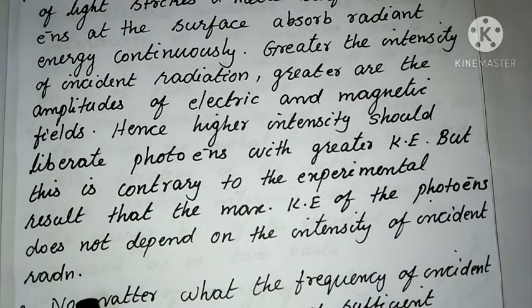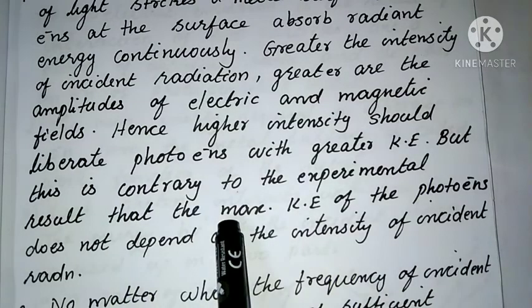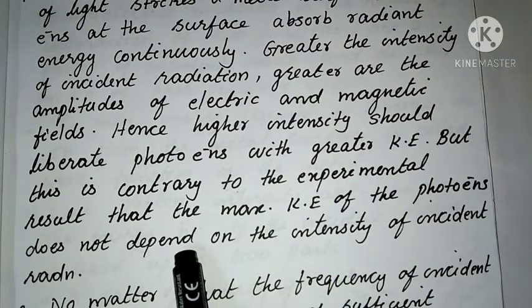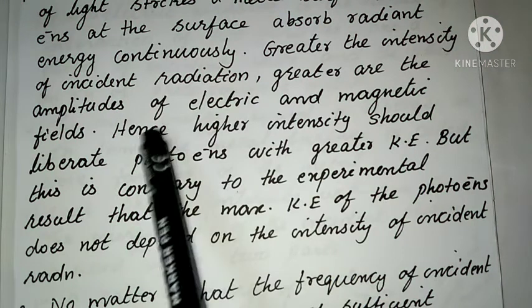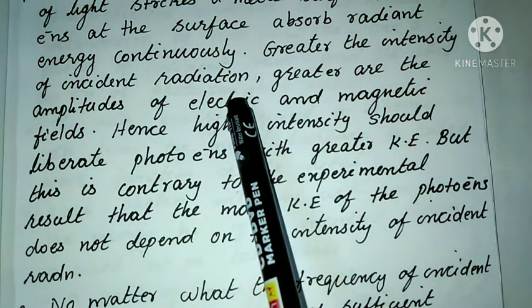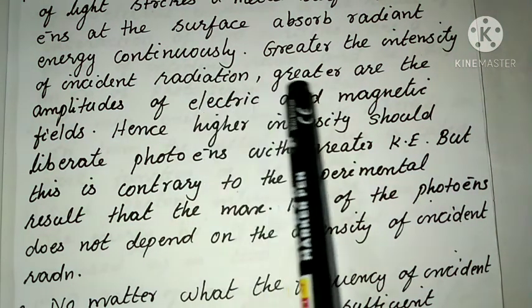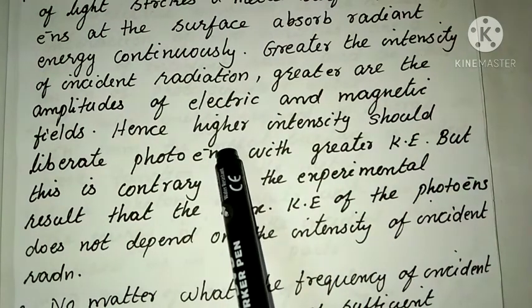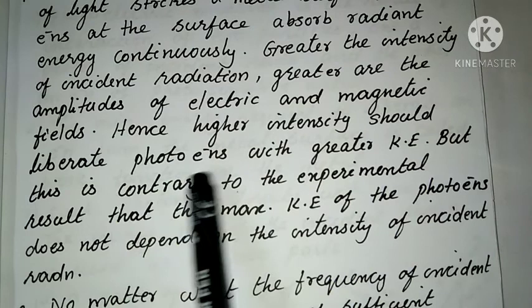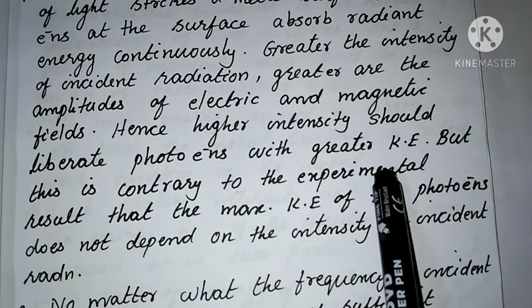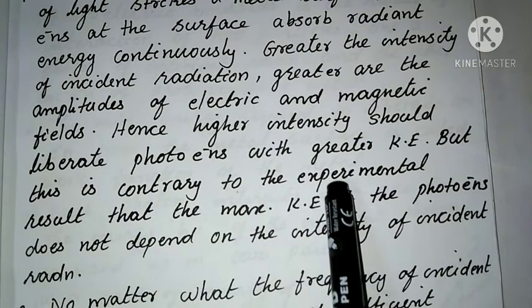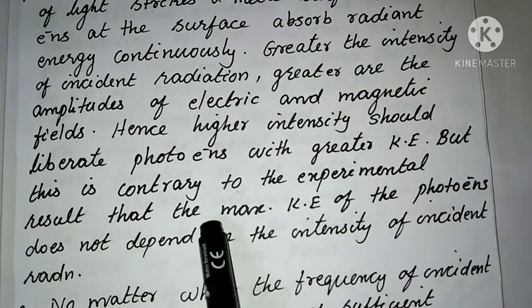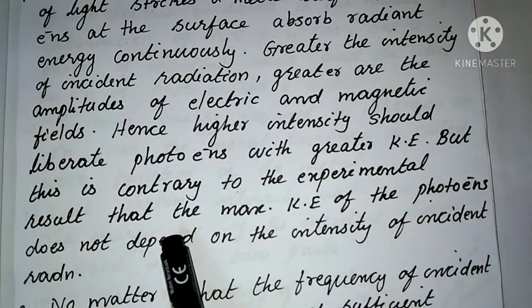intensity of incident radiation. So here, wave theory explains that if the wave has greater amplitude, it has greater intensity. So incident radiation which has greater intensity should liberate photoelectrons with greater kinetic energy. But this is against the experimental result of the photoelectric effect.